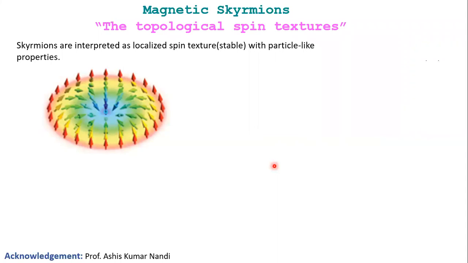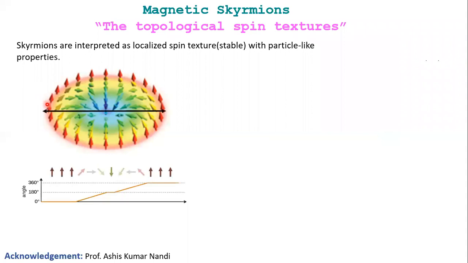Now skyrmion is actually the swirling of the spins in a magnetic thin film. Now you see this type of structure. This type of structure is called a skyrmion. Now, if you go from one side to another along any diameter, you will see the rotation of the angle theta in this manner. You see that theta here makes one complete 2 pi rotation in a skyrmion.